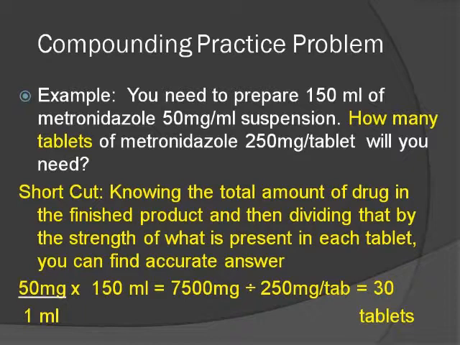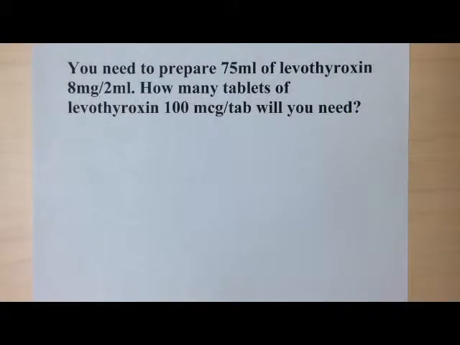You can see that played out on this slide here, in yellow, where it says shortcut. I just wanted to share that before we go into a video illustration of another compounding practice problem. With compounding calculations, these are going to be found in chapter 16 of your calculations book.